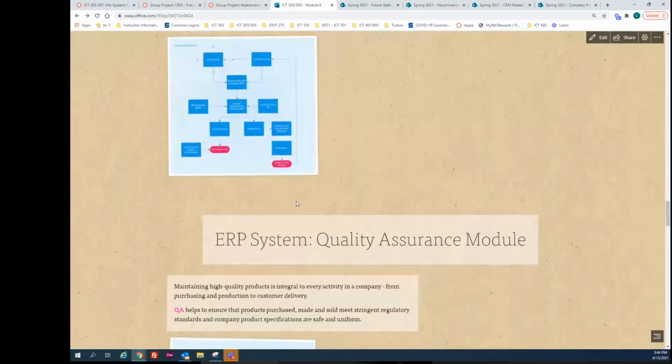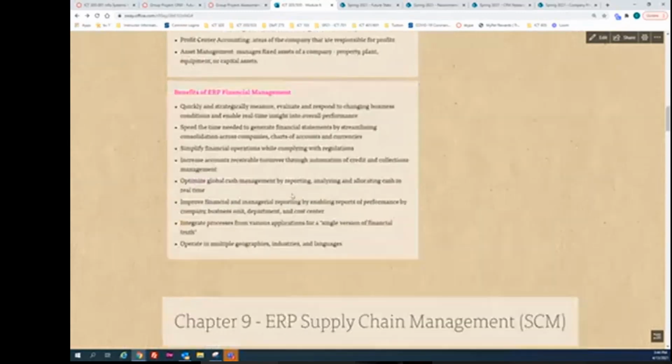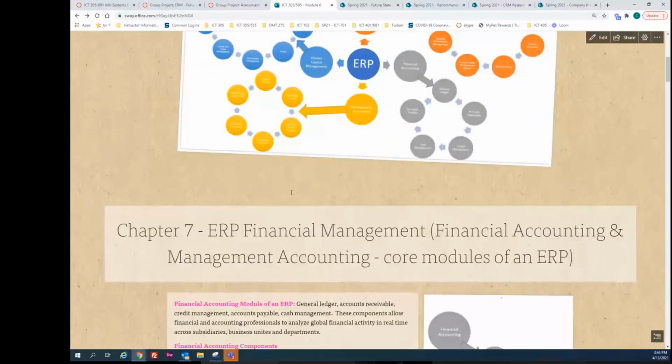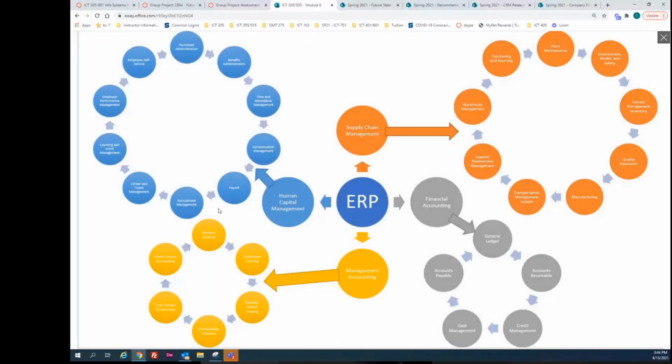I know it's a lot because there's 3 chapters this time around, but you'll know why we covered this is because these are very important modules for a company to have. A lot of companies have these in disparate systems. I'm not going to lie.